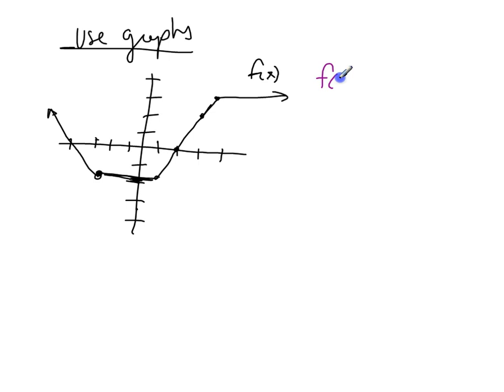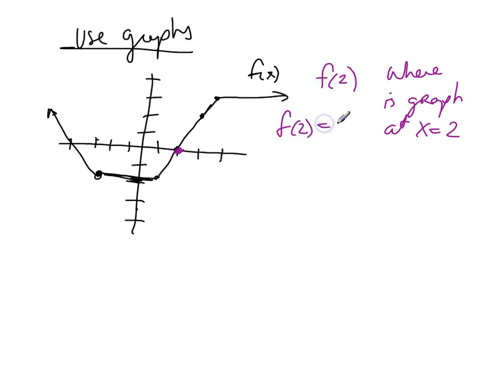Find f of, let's say, 2. And what this means is, where is the graph at x equals 2? So what you do is you go to the 2, hit the graph. Well, it just happens to be right there. So if they say, what's f of 2?